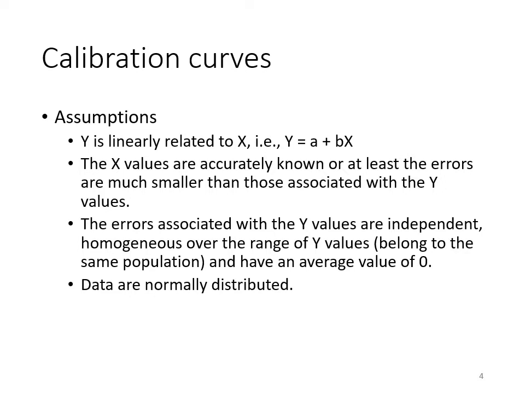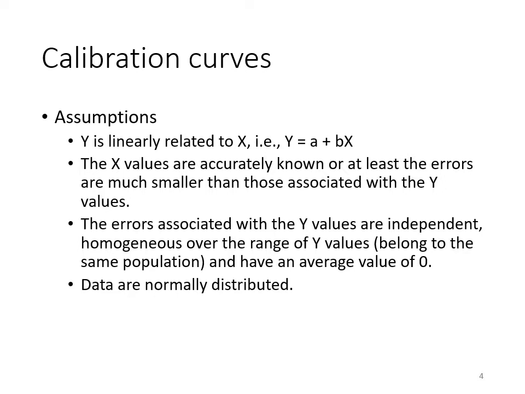Now, we also assume with these calibration curves that the x values are accurately known, or at least the errors in those values are much smaller than those associated with the y values. Time also usually fits this criteria, as it can be measured accurately. We'll assume that the errors associated with y values are independent and homogeneous over that range of y values.